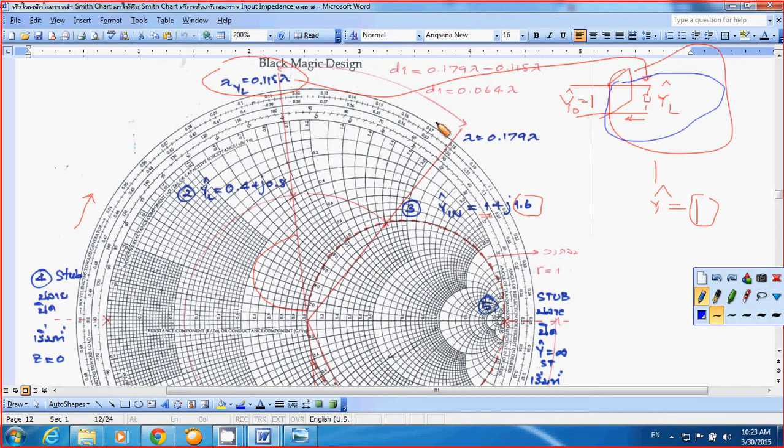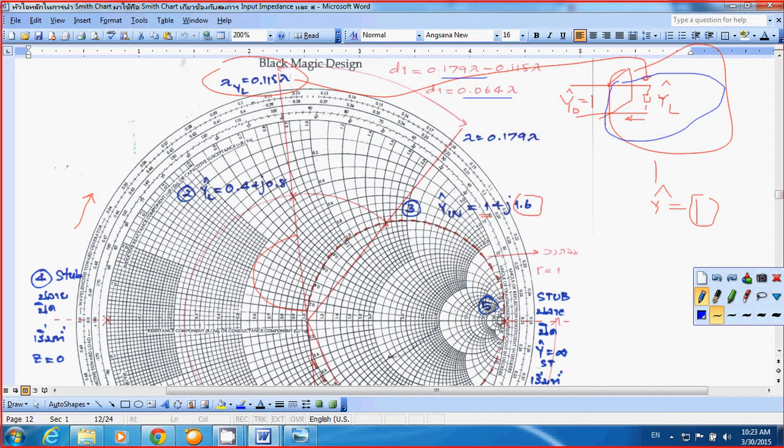So this just gives you the position, the difference between 0.179 and 0.115 lambda. You subtract 0.115 lambda from 0.179 lambda, and this gives you 0.064 lambda.